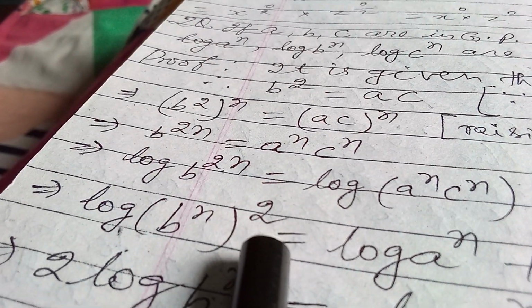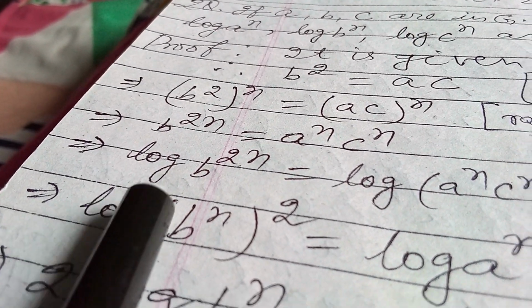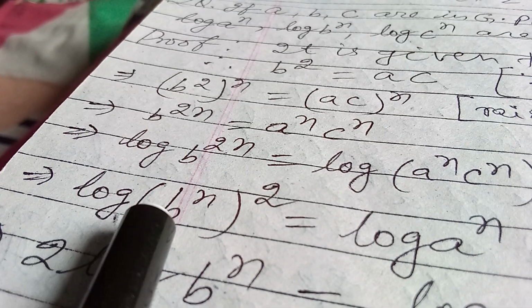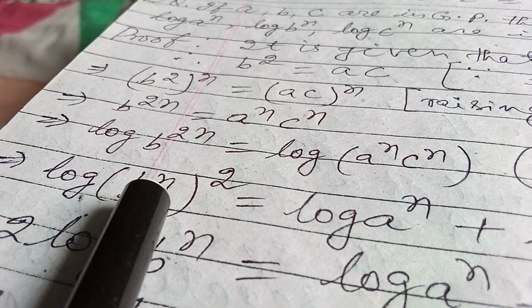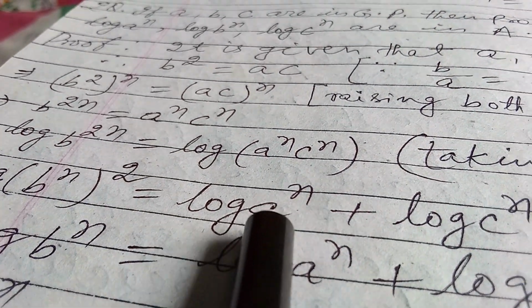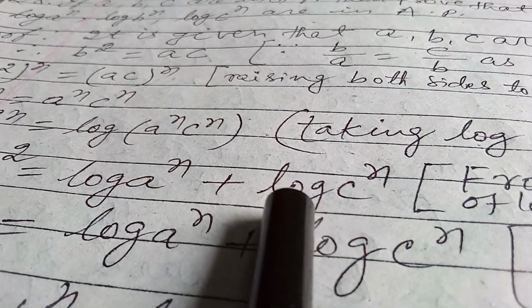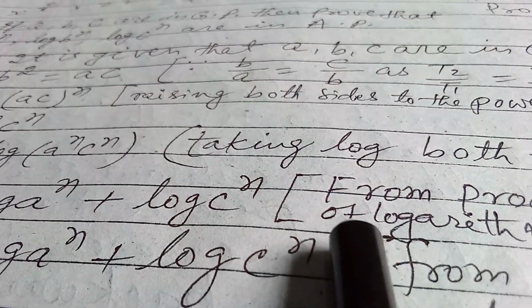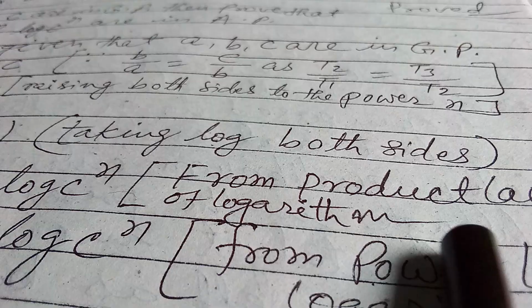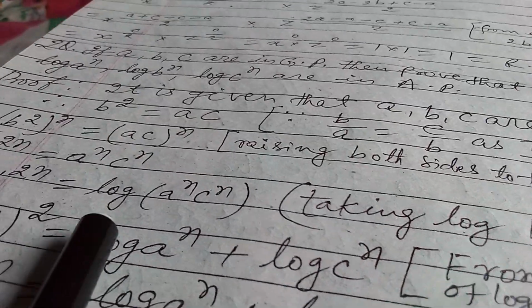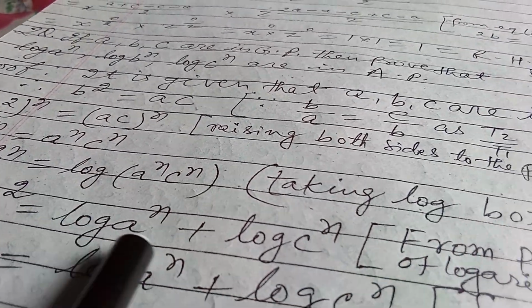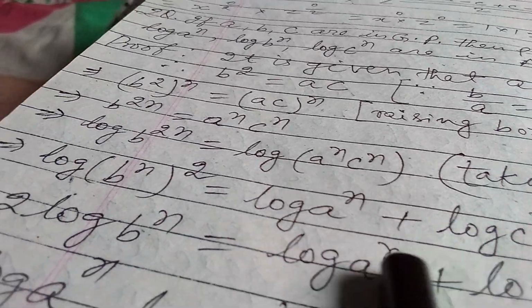And then from here this can be written as log of b to the power n square equals log of a to the power n plus log of c to the power n. This is from the product law of logarithm, because here it was in product form, so it is added separately.